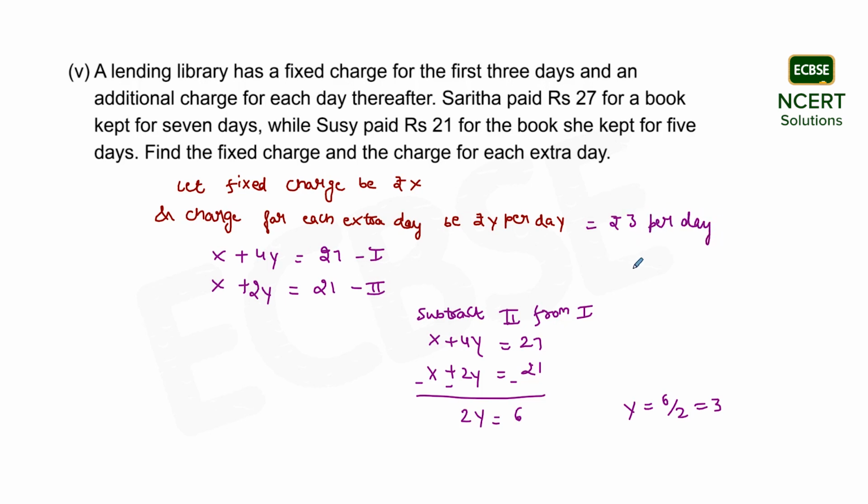Now, in order to find the value of the variable x, we need to substitute the value of y in either of the equations, 1 or 2. The choice is up to you. I am substituting the value of y in, say, the second equation.